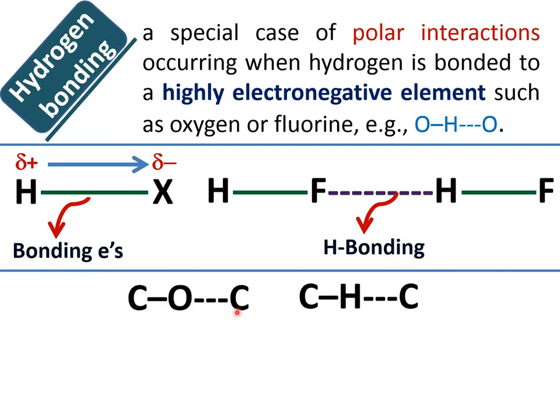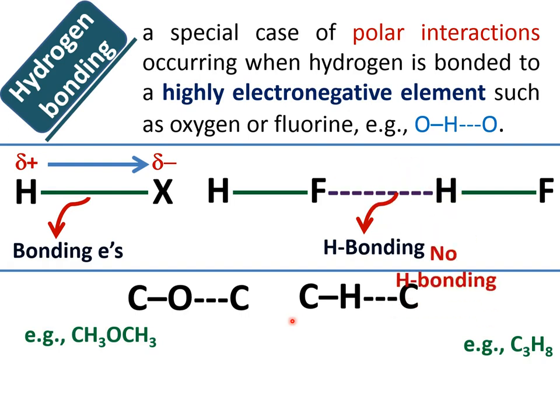I said in the definition that this is the bond between hydrogen and a highly electronegative atom, to have a permanent dipole moment with a significant dipole moment. This is the only criterion to nominate the bond as a hydrogen bond.